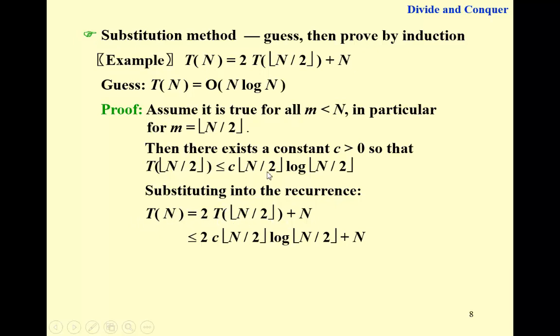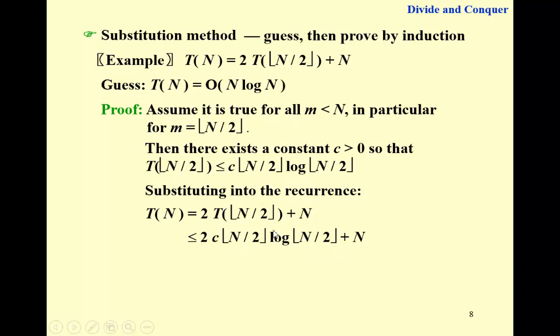Alright, so substitute into the recurrence, we get this is the expression for t of n, and substituting the right-hand side of this inequality into this equation, we get that this is less than or equal to 2 times this constant times half of n times log of half of n, plus n. Since we're trying to prove an upper bound, it's safe to remove all those floors.